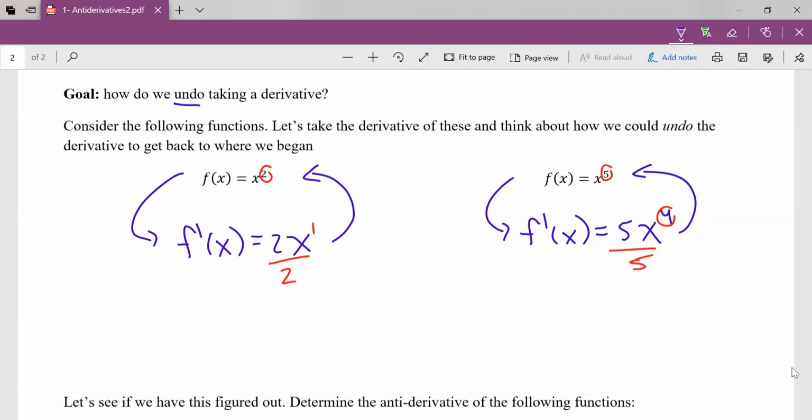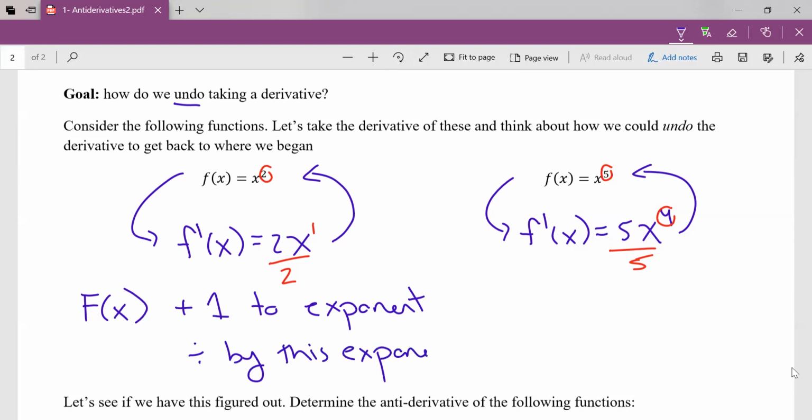Like I said, it's going to take you a couple of minutes to wrap your head around this. So to take the antiderivative, and the notation we're going to use for the antiderivative is capital F of x, to undo the power law, we're going to add 1 to our exponent, and then we will divide by this exponent.